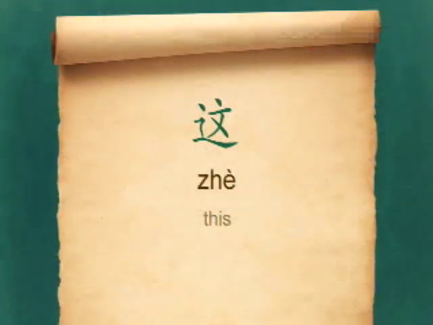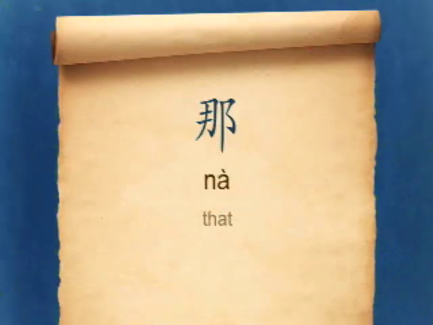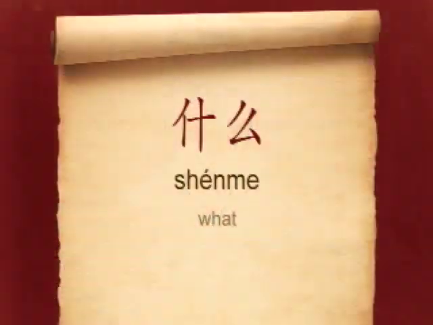You also learn 2 words essential to identifying objects. Can you tell me what they are? You know this. The words are 这 this and 那 that. You'll be using these words often, along with 什么 meaning what.